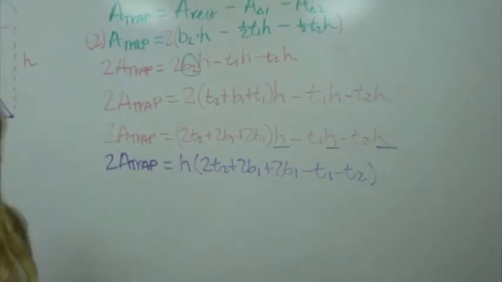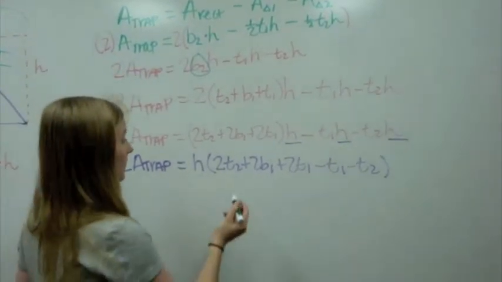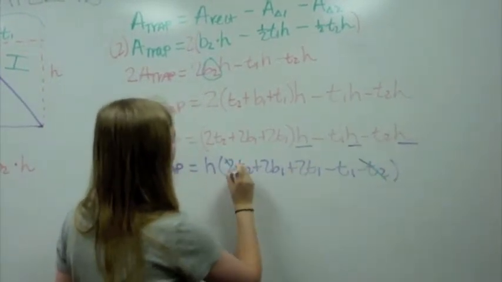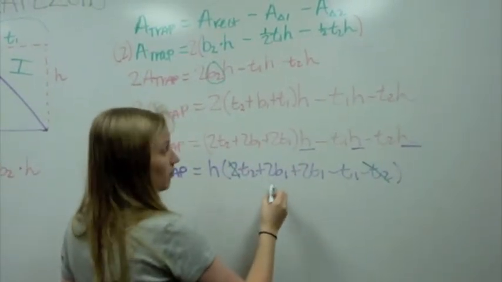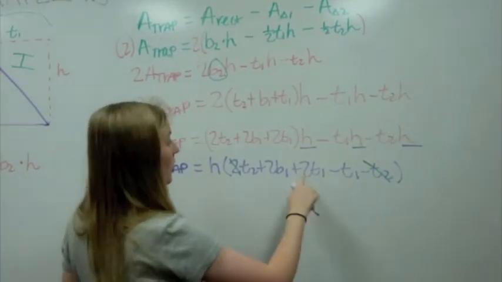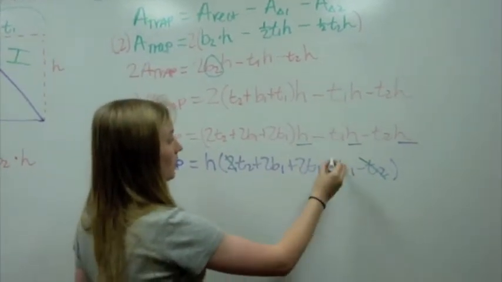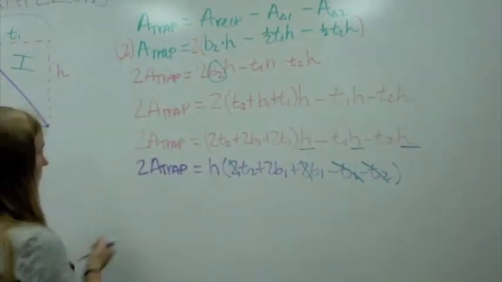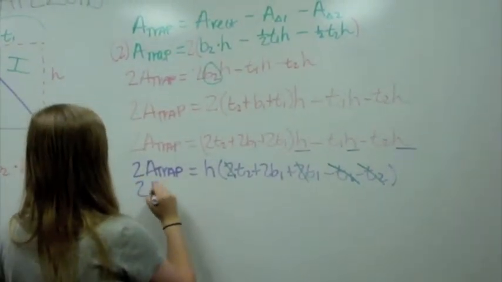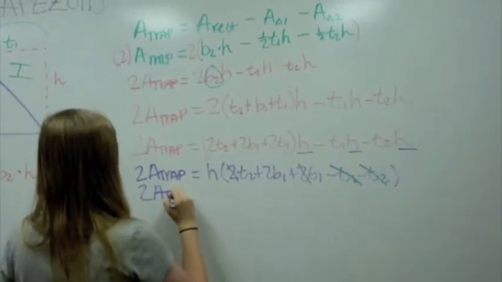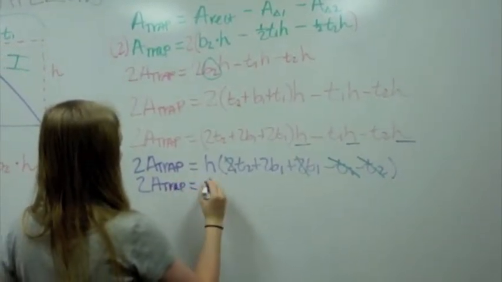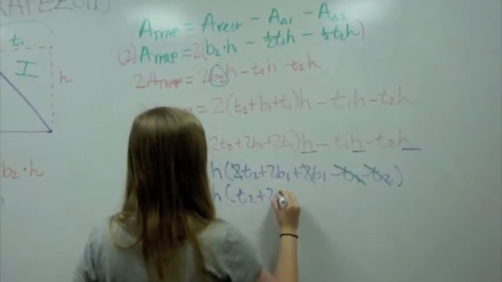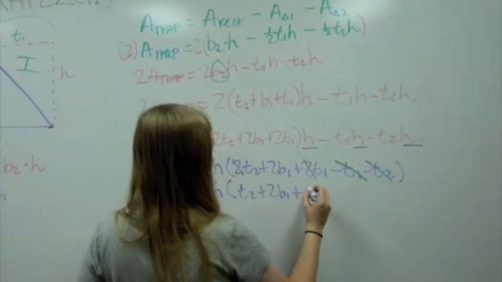Now let's combine like terms, and we need to notice that 2T2 minus T2 is going to get rid of this T2, and there's nothing to combine with B1, so now we have 2T1 minus T1. This T1 is going to go away, we're left with 1T1. So now we have 2 times the area of the trapezoid equals H times T2 plus 2B1 plus T1.